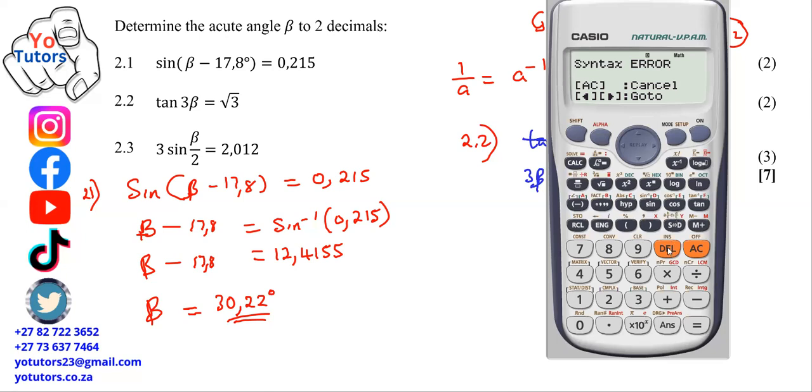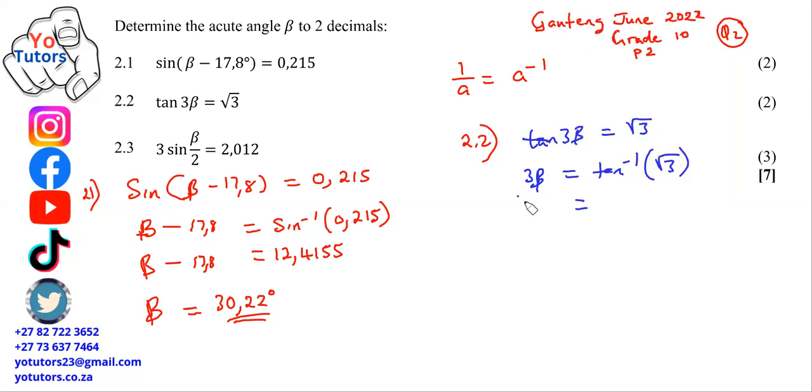We're getting an error, so you just need to put your bracket outside there. It goes to 60. And here we divide by 3. So beta is equal to 60 divided by 3, which is 20 degrees.